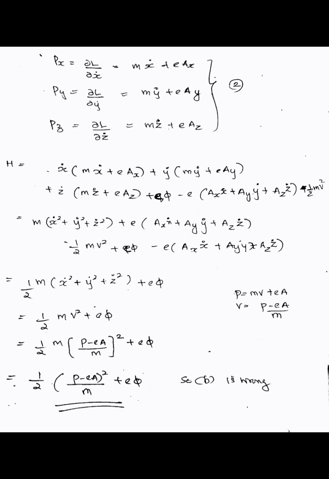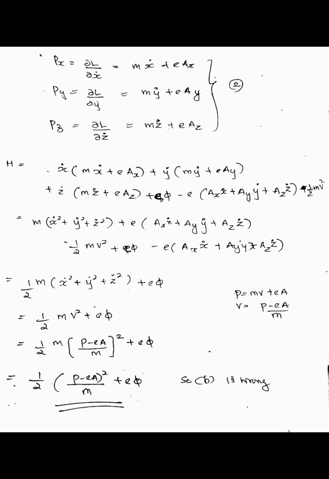Then the remaining terms are m (x dot square plus y dot square plus z dot square) minus ½mv² plus eφ. The first term, m (x dot square plus y dot square plus z dot square), is mv². So this can be written as mv² minus ½mv², that is ½mv². So this is ½m (x dot square plus y dot square plus z dot square) plus eφ, which is equal to ½mv² plus eφ.